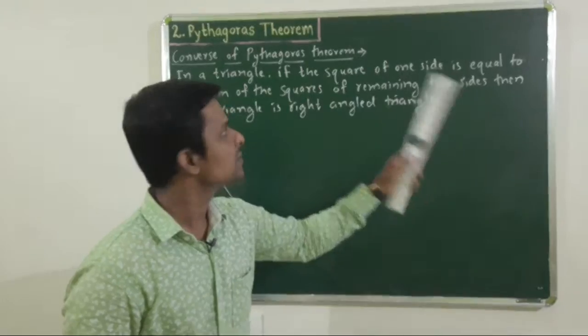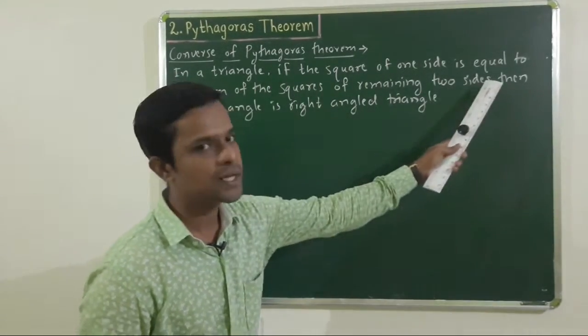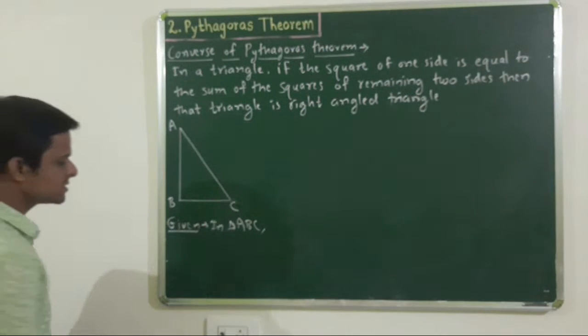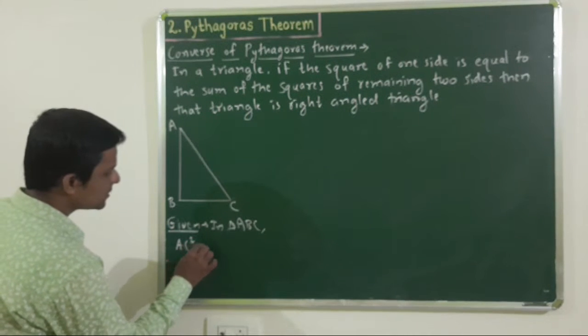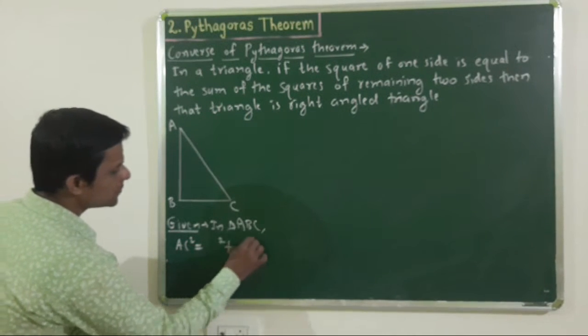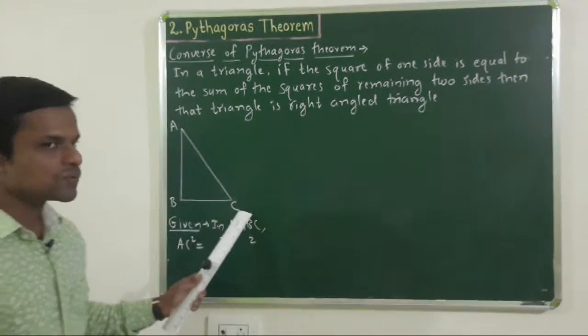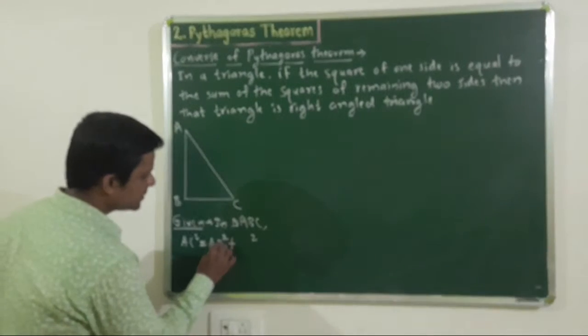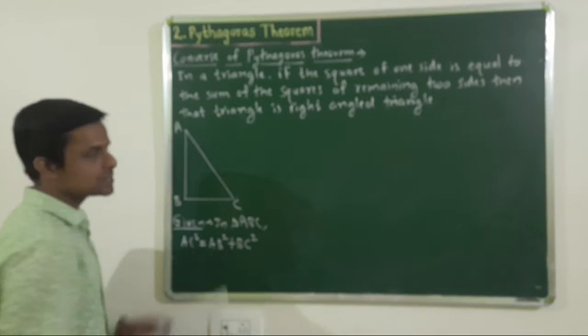This much is given, from if up to then. Square of one side, that first side we take as AC. Suppose AC square is equal to the sum of squares of the remaining two sides. AC square is equal to AB square plus BC square. This is given.